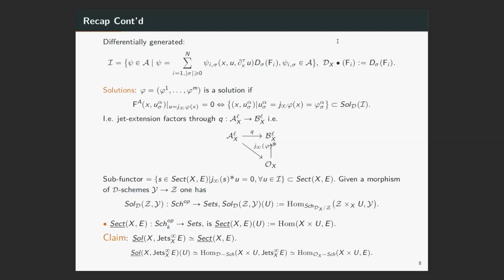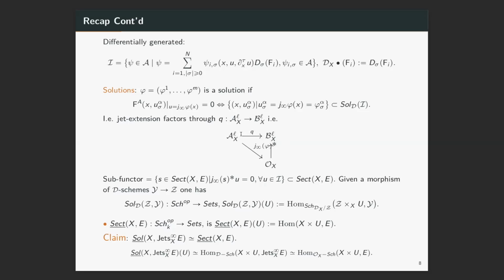And so solutions, again, these are formal solutions, though they're infinite jets of functions, and the graph of them lies inside of our solution space. And algebraically, it means that the dual of the jet prolongation factors through the projection, the fibration of the D algebras that defines our sequence I, A, B.